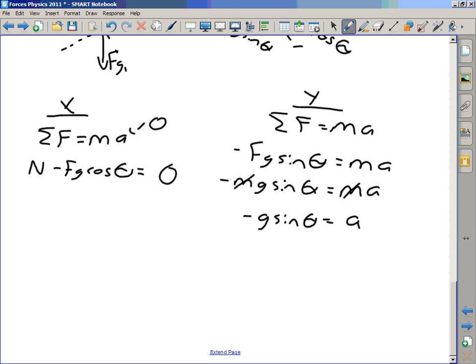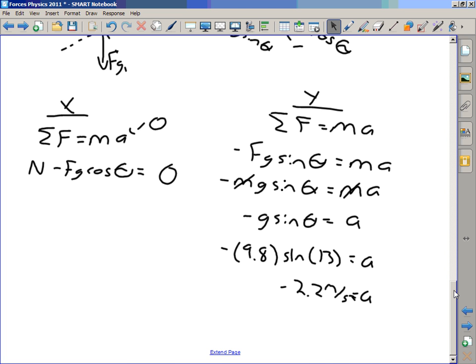All right, so now let's just plug in. Negative 9.8 sine. What was the angle of this hill again, please? 13. So what's a come out to be? Negative 2.2. Great.